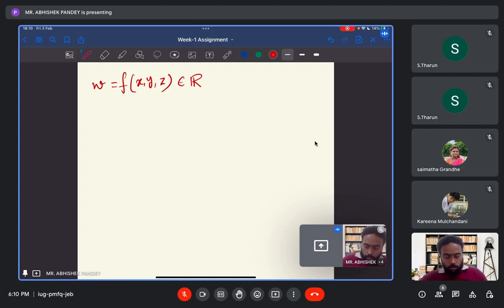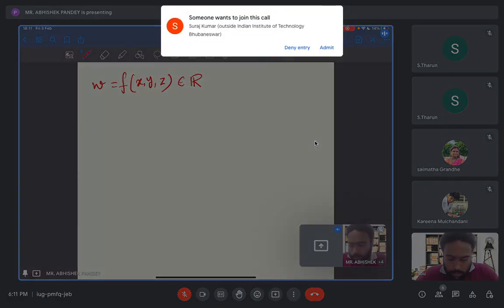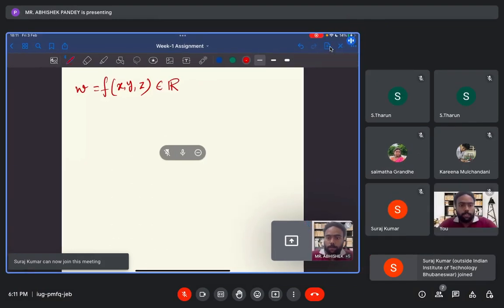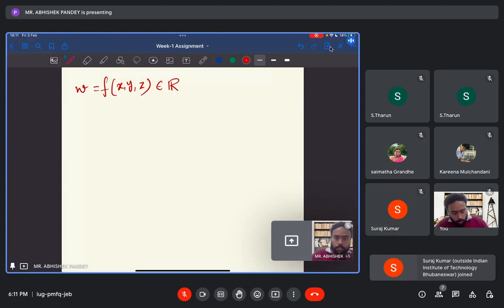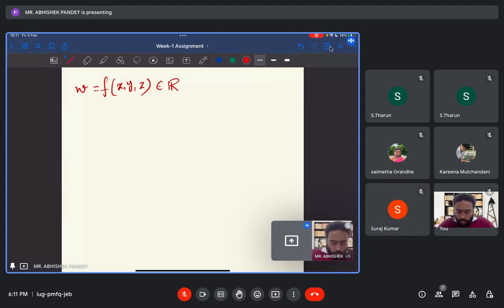It is hard to draw the graph because we need an extra dimension; only in three dimensions is it easy. So for such functions we choose a constant c such that f of x comma y comma z is equal to c.